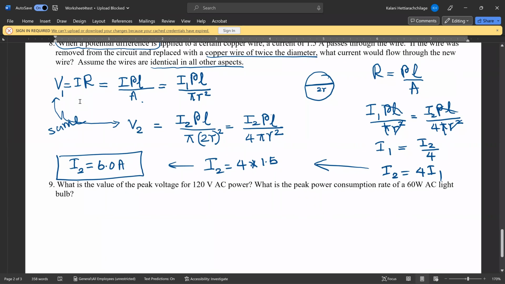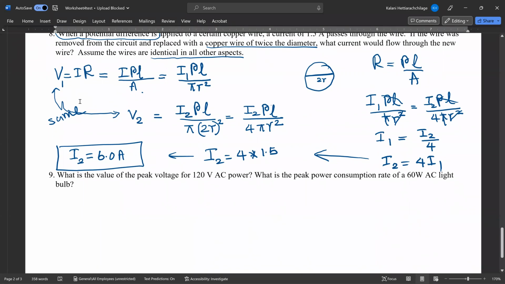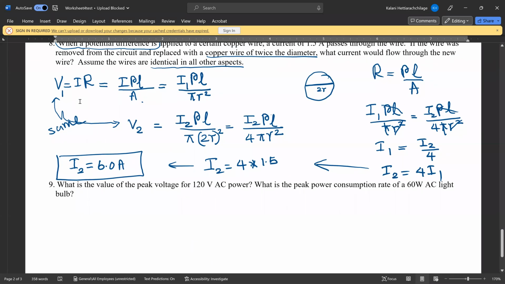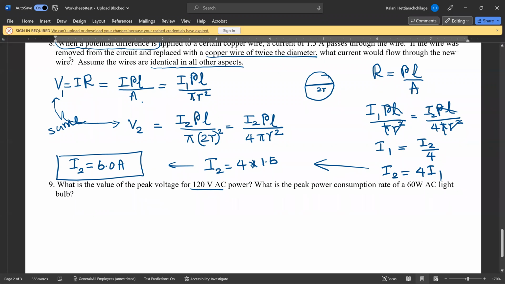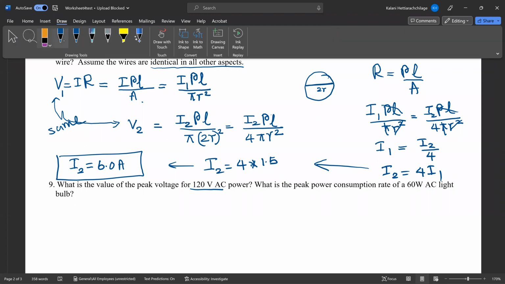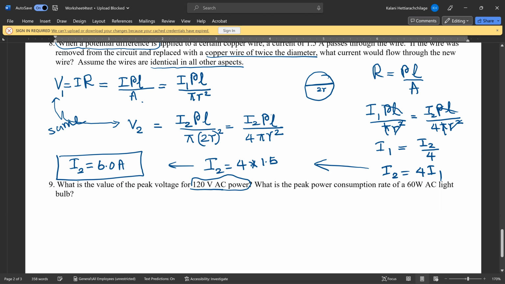Okay, my last question about the RMS and peak values information, right? So now what is the value of the peak voltage and VRMS value, right? What is the value of the peak voltage for AC power supply? So that value I have it in here. Oops, no, this value I have it in here is VRMS value. VRMS equal 120 volt. Okay.